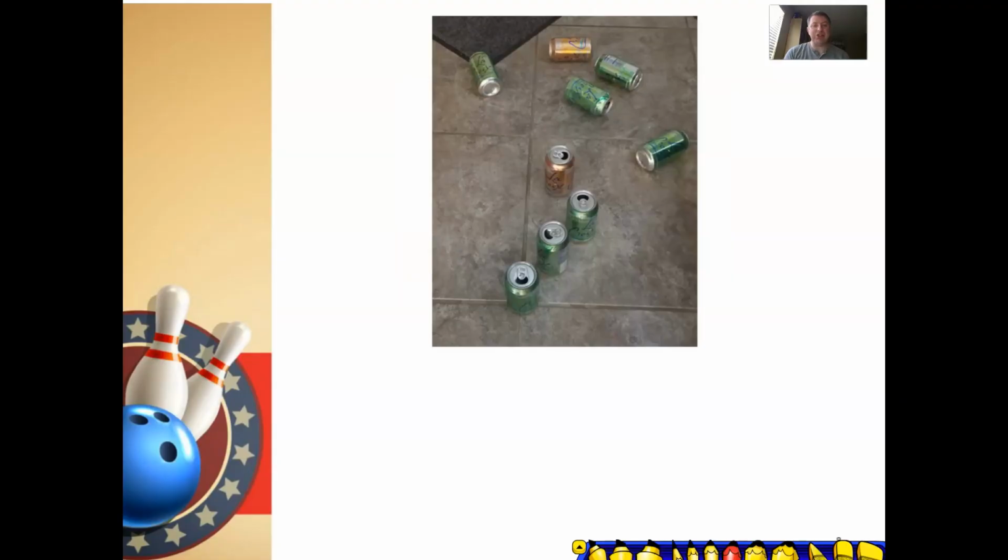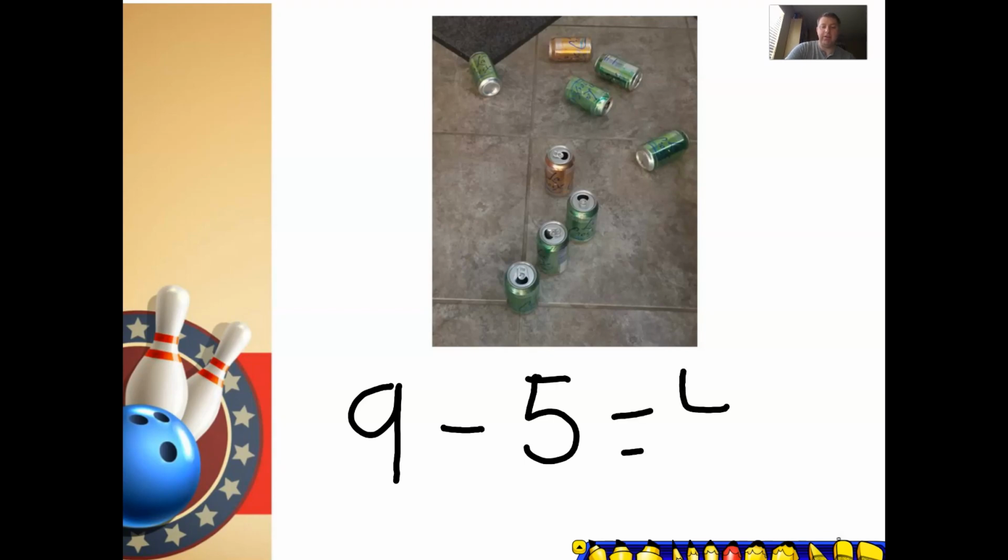All right, on player 2's second try, he knocked down 5. So he had 9, he knocked down 5, and that left 4. So 9 pins to start, take away 5 equals 4 left. 9 take away 5 equals 4.